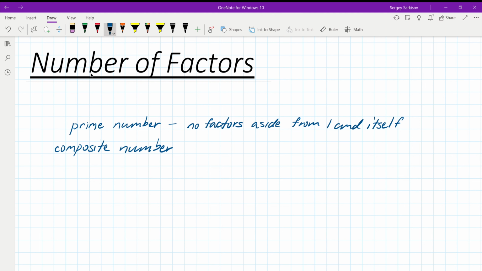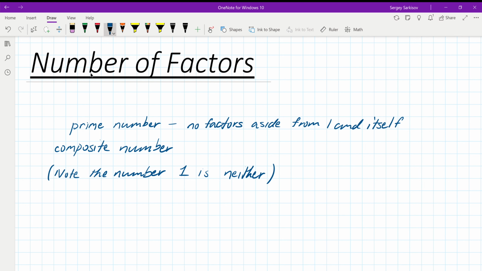So note that the number 1 is neither. That's just on the side, it's a definition, and there's a reason for it.